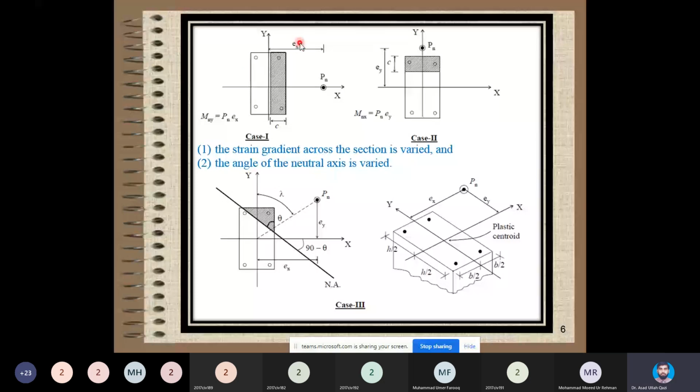Similarly, Ey in this present direction is along the positive axis direction. I can even put that eccentricity along the y-axis opposite to the positive y-axis, but in both cases I will get uniaxial bending on the column. It is important to note that in both cases, in these two pictures, the hashed area represents the compression block, and below that hashed area is the tension domain.